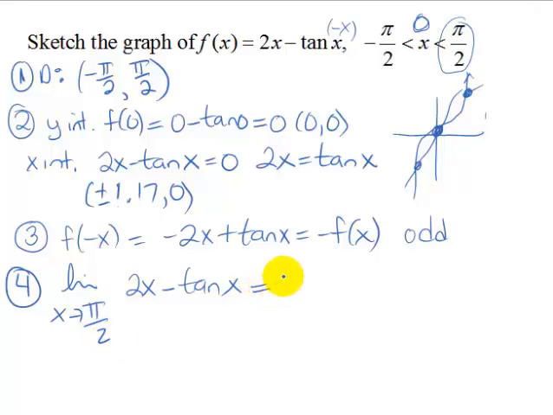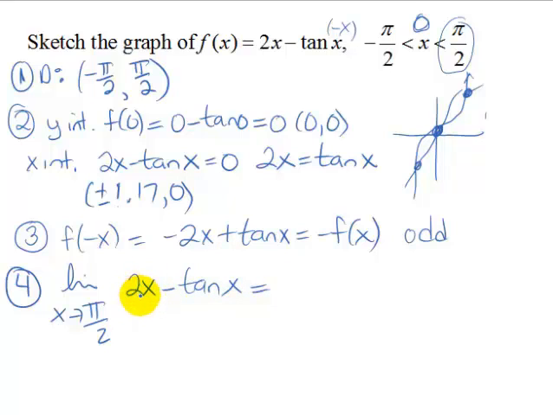And see what happens. As we approach pi over 2, we can directly evaluate this one, and this will become pi. But what does the tangent do at pi over 2? We know that goes towards infinity, and then we have a negative on here.